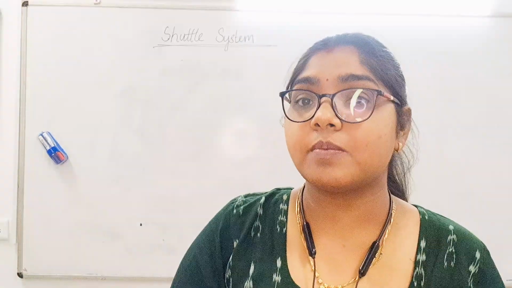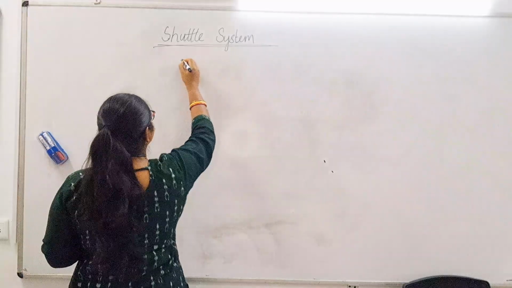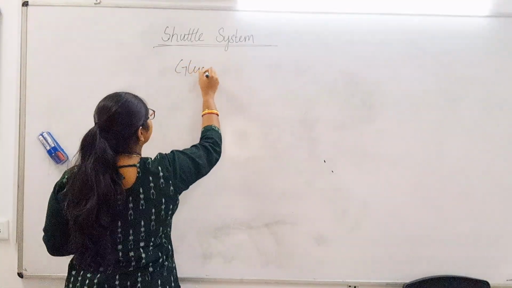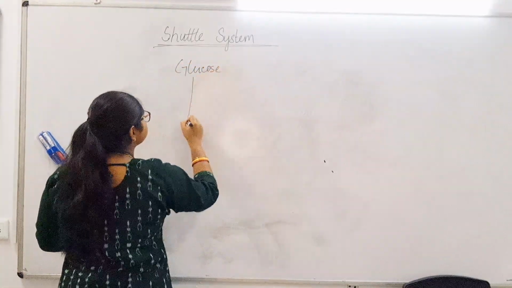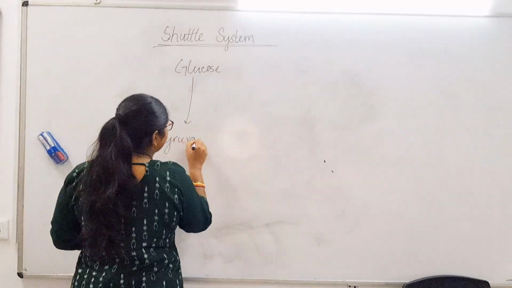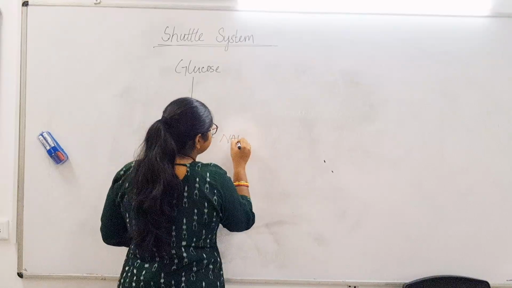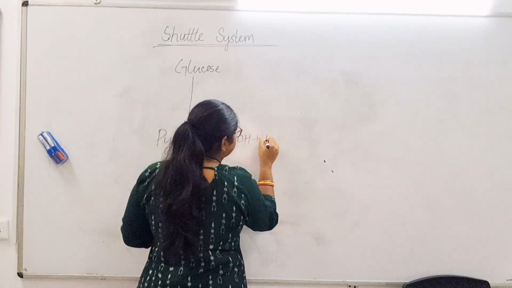So in the last few sessions we have been discussing cellular respiration in aerobic conditions, okay? And we have talked about glycolysis, the first step of cellular respiration. So in glycolysis what happens? In glycolysis glucose molecules break down to produce pyruvate, and along with pyruvate it also generates NADH and ATP.